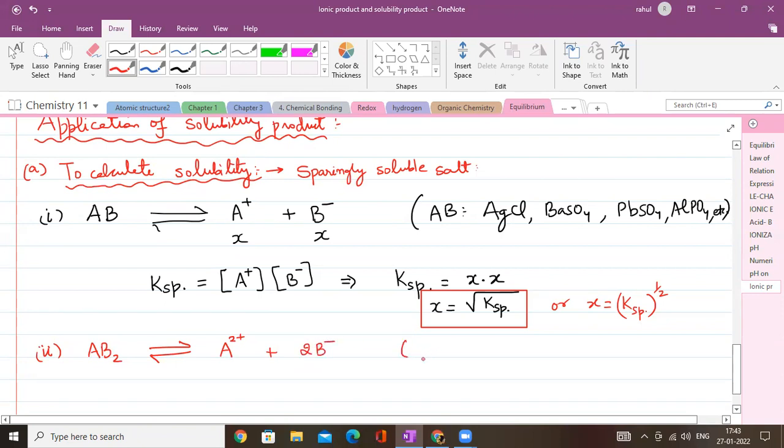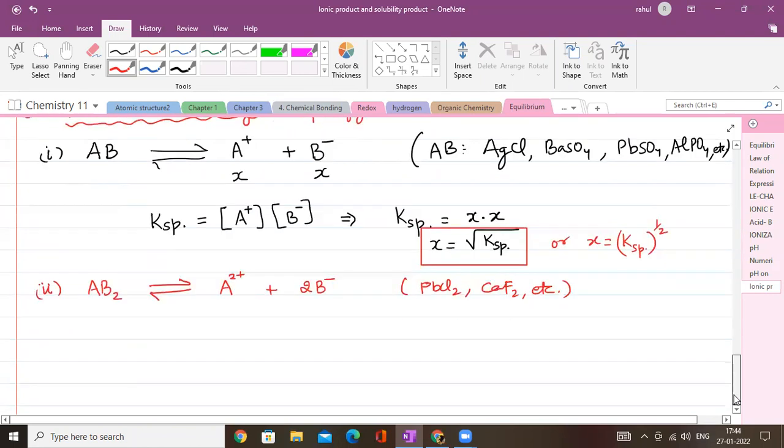If you ask me for examples of such a salt, I can take up the example of lead chloride, PbCl2. I can take up the example of calcium fluoride.